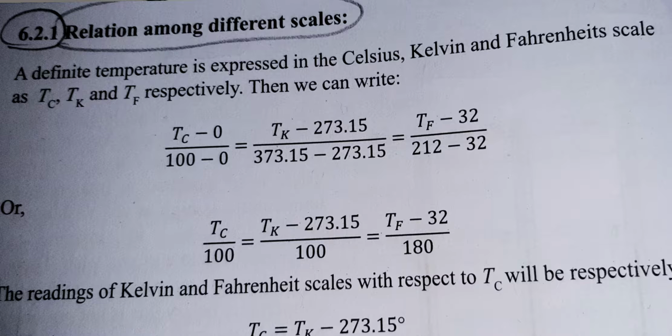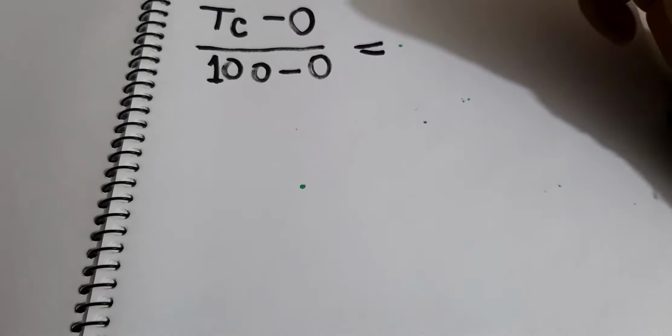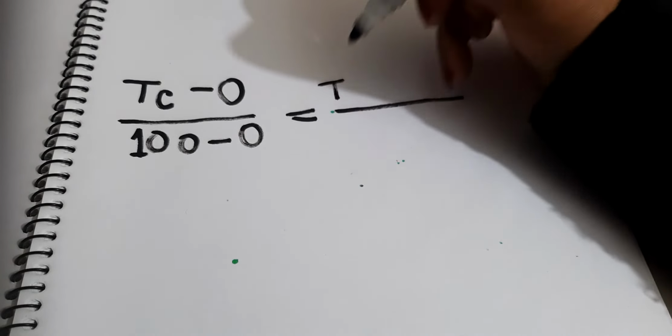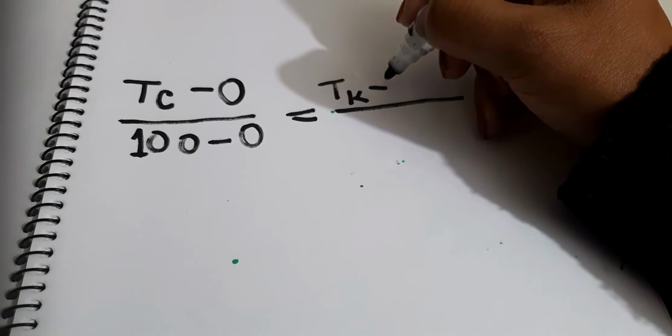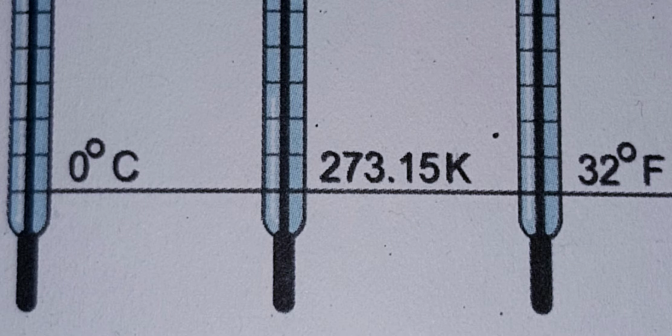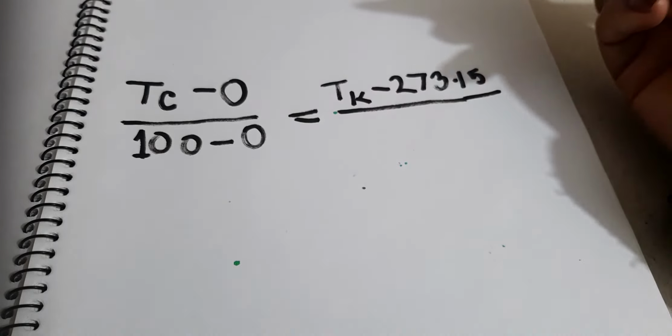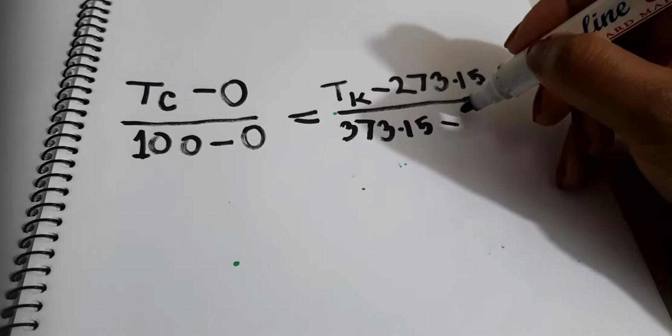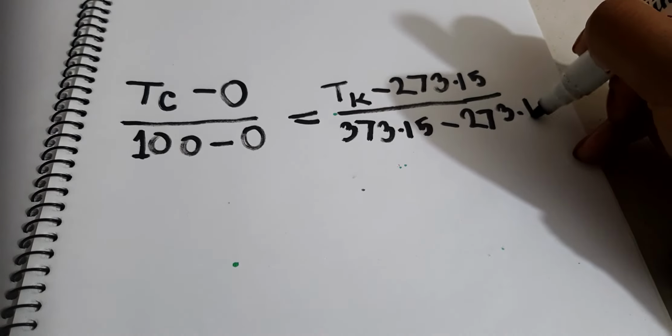So guys, now I'm going to talk about the relation among the different scales, that is the Celsius, Kelvin and Fahrenheit scales. So what's the relation? Here is the temperature on the Celsius scale, minus 0, divided by 100 minus 0, equals the temperature T in Kelvin minus 273.15, divided by 373.15 minus 273.15.